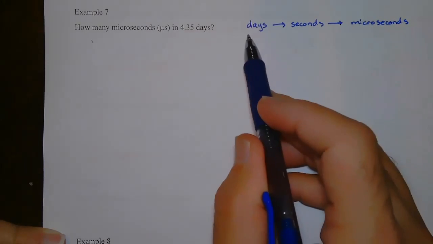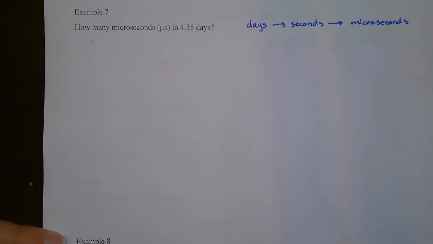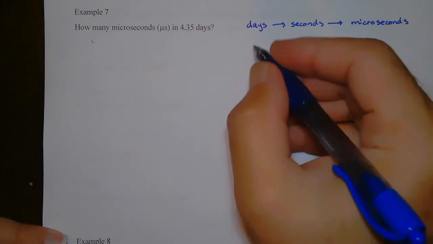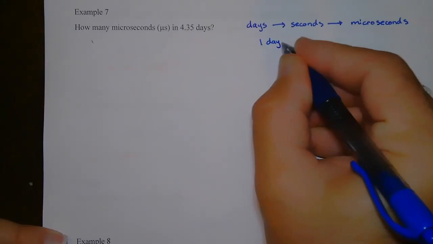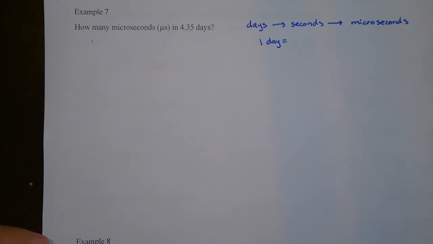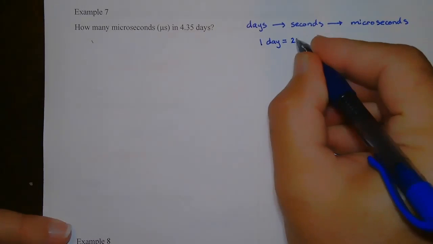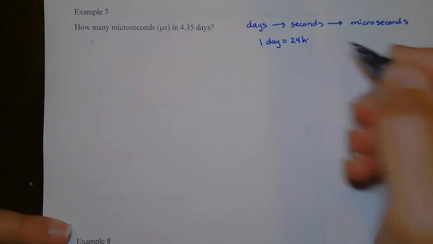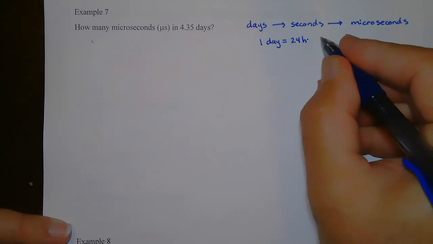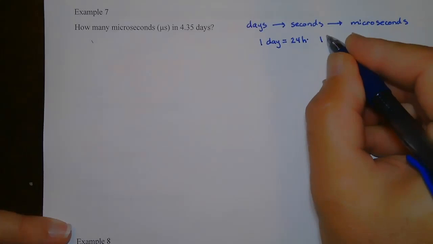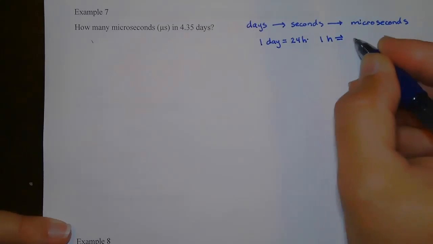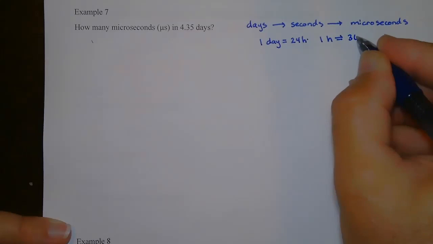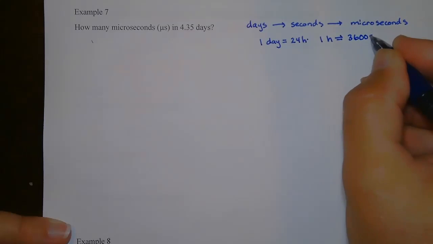Okay, so days to seconds, if you get your time conversions, we know 1 day is equal to 24 hours, and then we know 1 hour is equal to 3,600 seconds.